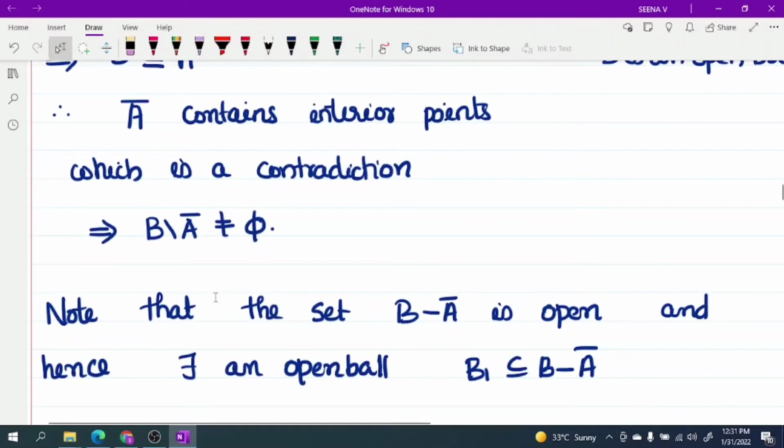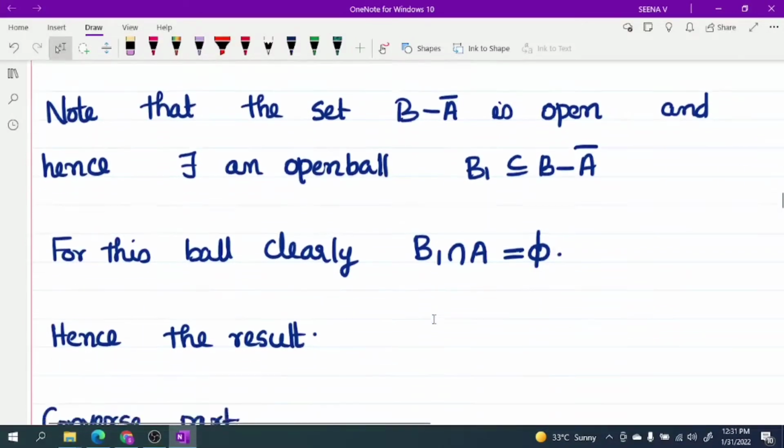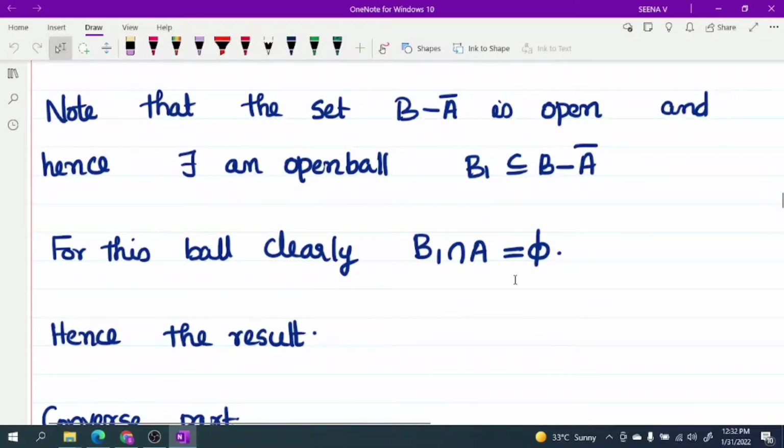B is an open ball, therefore B minus A bar is open. That means there exists an open ball B1 which is contained in B minus A bar. B1 is contained in B minus A bar implies clearly B1 intersection A is equal to empty. Thus we get the result.